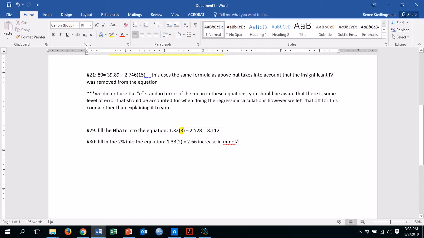Then we have question 30. If hemoglobin A1C increases by 2%, so here's your 2%, what would be the predicted change in fasting blood glucose? 2.66 increase in millimoles per liter.